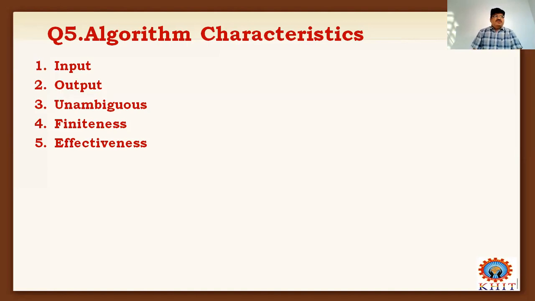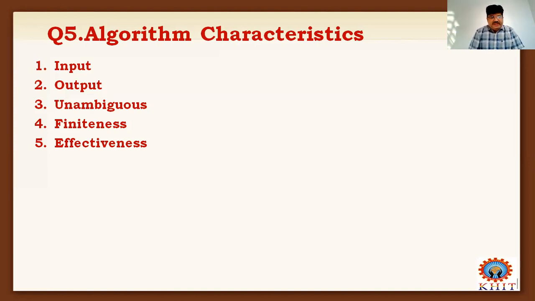Next, unambiguous. Whenever you are writing an algorithm, you should be clear from your side. While preparing an algorithm, the designer should have a clear picture and domain knowledge. There is no ambiguity while writing an algorithm.